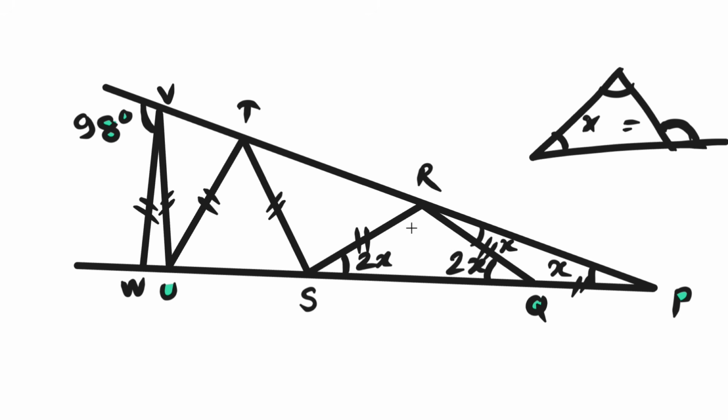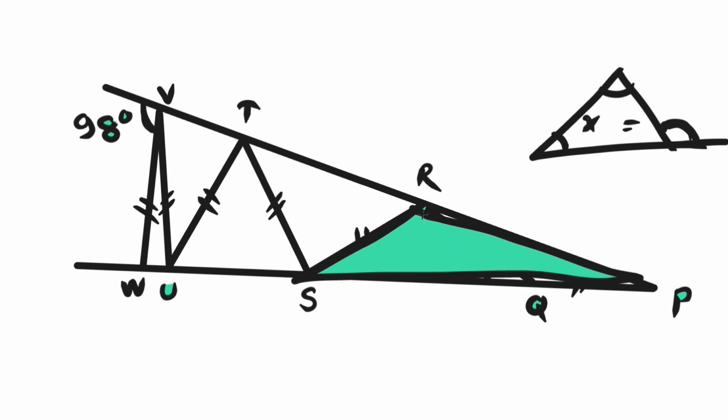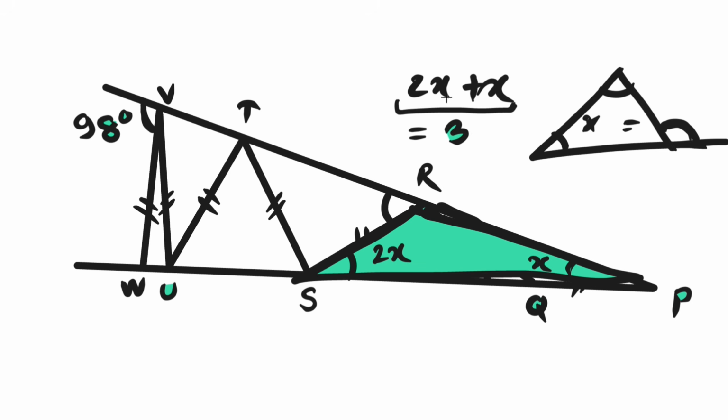Next, we look at the larger triangle PRS and focus on the exterior angle at S. Once again, we use the exterior angle theorem. The exterior angle is equal to the sum of the two remote interior angles. Those two angles are the 2x angle we just found and the original x angle at P. So, let's add them carefully. 2x plus x gives us 3x.